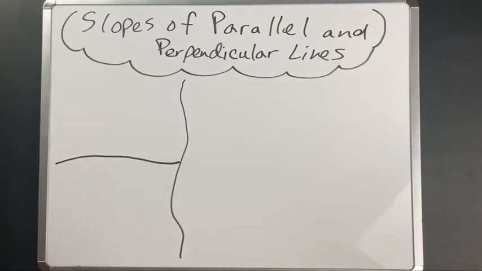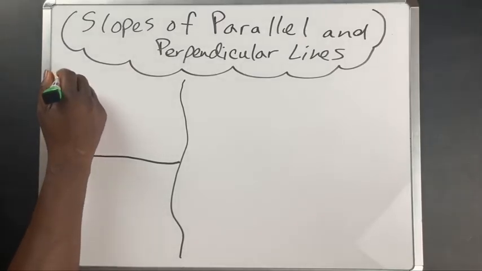So first of all, let's start with some basic information. I want to start with what we need to know in order to tell when lines are parallel based on the slopes.